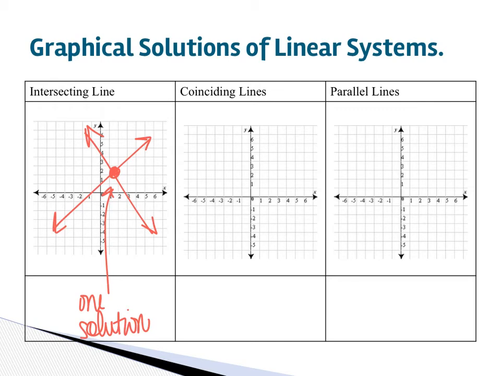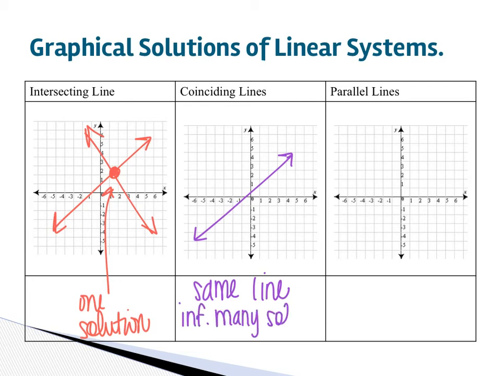Then coinciding lines are lines where you graph two lines and it's the same line, and that has infinitely many solutions. Then you have parallel lines, where the two lines don't cross. That is an inconsistent system, and there's no solution.